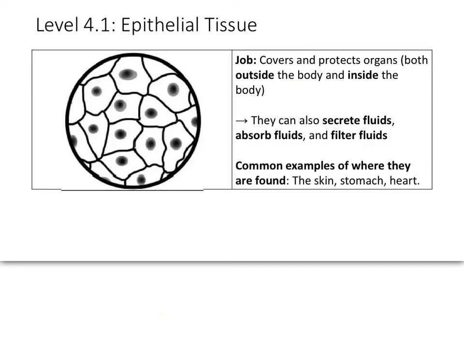Now this has an extremely important job. This type of tissue covers and protects organs. Now it does this for both outside of the body and inside of the body. Now, they don't just cover and protect the organs, but they also do lots of secondary functions.